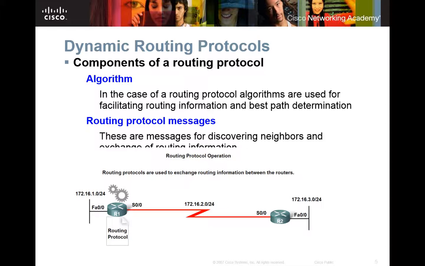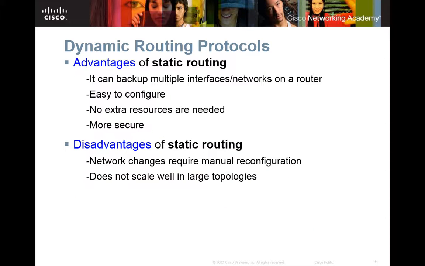The components of a routing protocol are the routing protocol message and the algorithm. What are the advantages of static routes? It's easy to configure. It's real secure because it's direct. The disadvantage is that if something updates, you lose a link, you're out of luck. And it's not scalable.